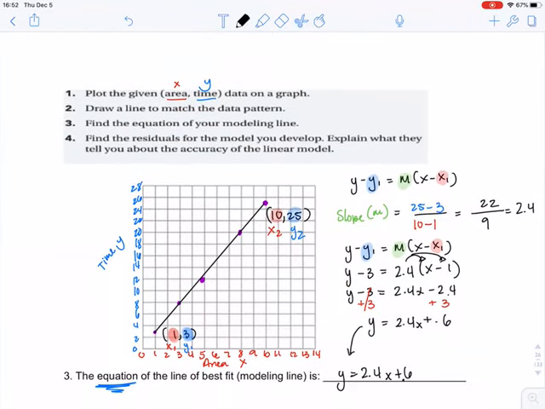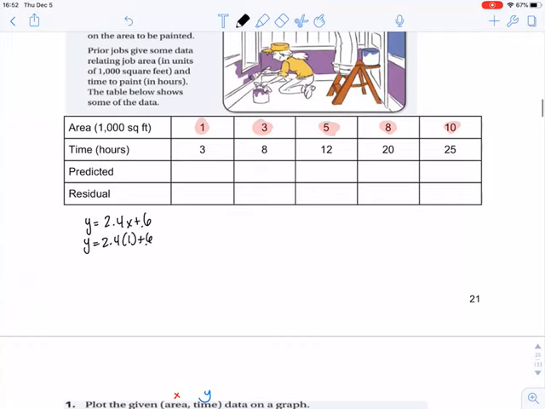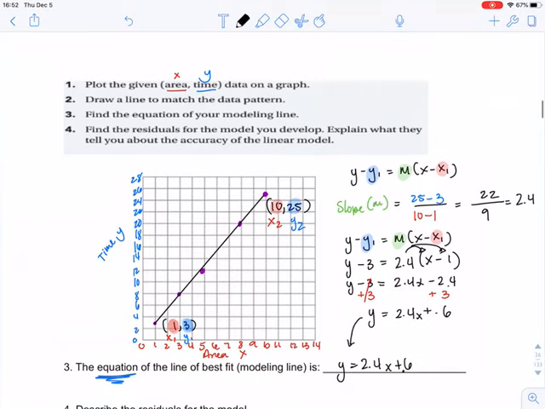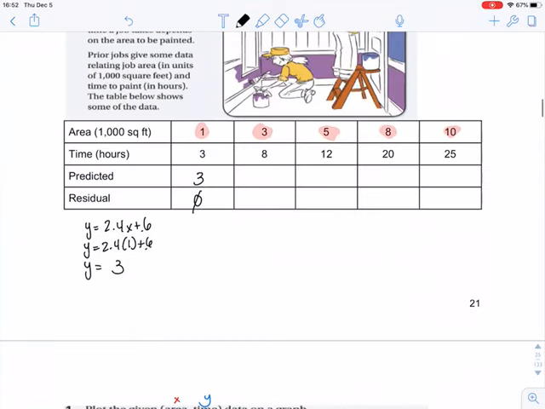I just forgot the decimal. y equals 3. Predicted 3, residual 0. And we know that because when we graphed it, I used this exact point. That's what I expected. I know I should get the same thing for the end, 25 with a residual of 0. So I only have to do those 3 in the middle.